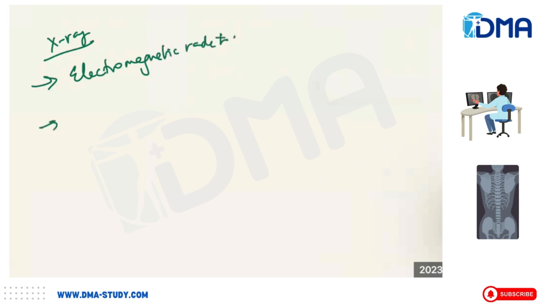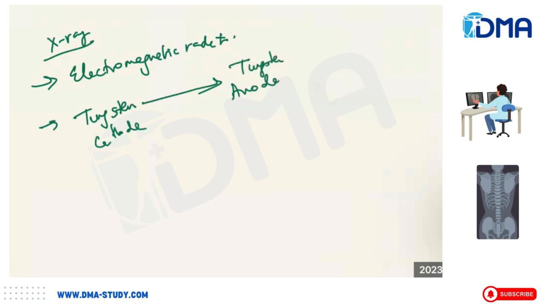It is produced from an electron beam from the cathode made of tungsten, and it strikes an anode which is also made of tungsten. Right, the emitted rays will be the so-called X-rays. After passing through the tissues, these X-rays have to hit a photosensitive material. That will get the imaging.